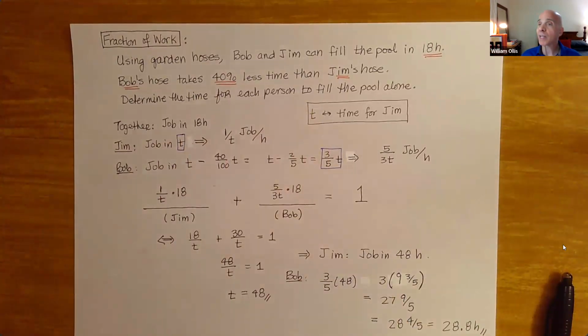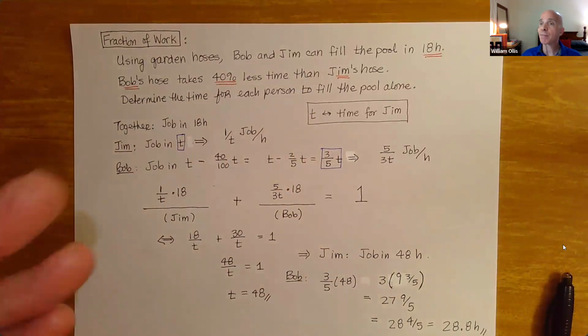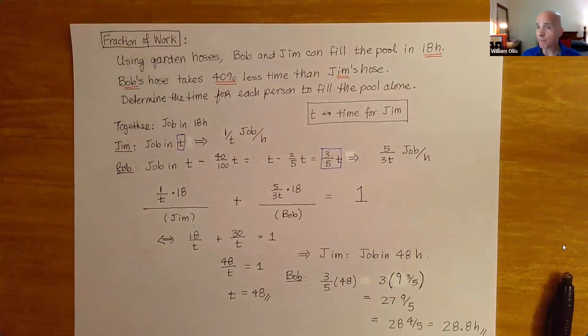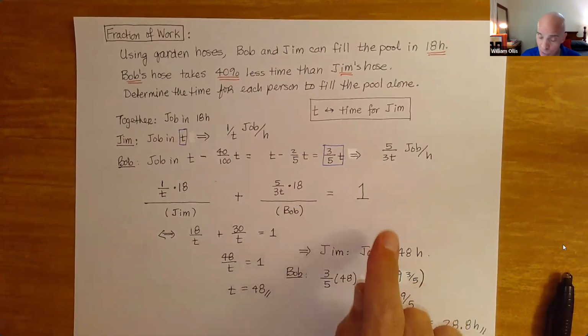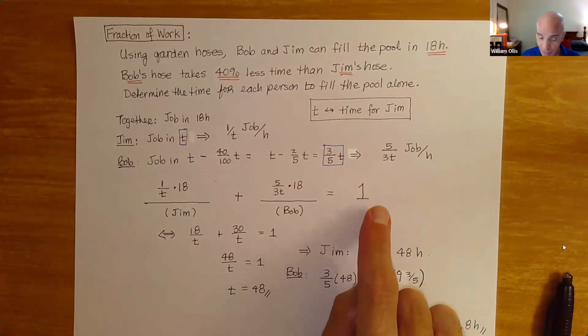So this will allow us to solve for T and know how long it takes for Jim's hose to fill the pool. And then by virtue of that fact, we can figure out how long it takes for Bob's hose to fill the pool.